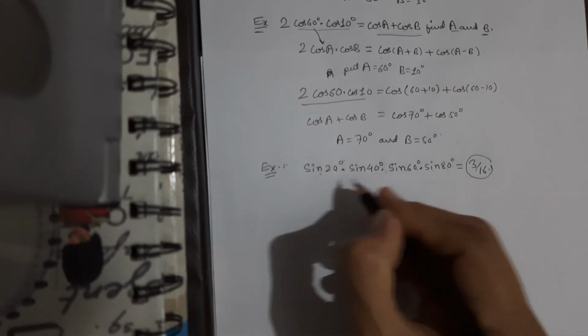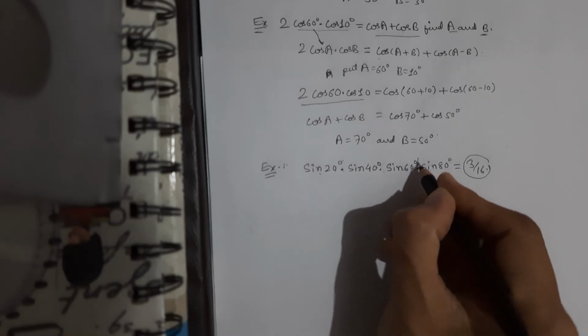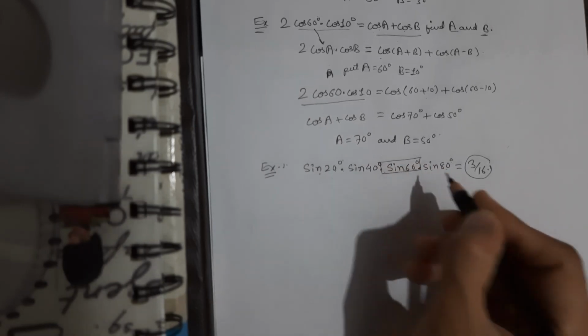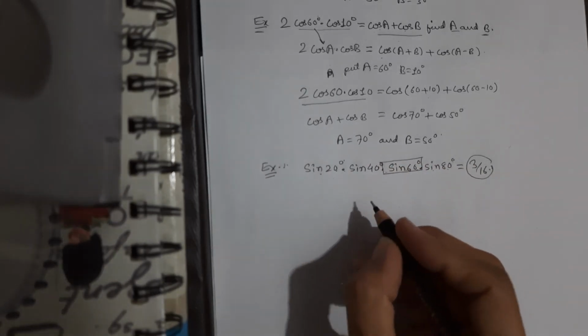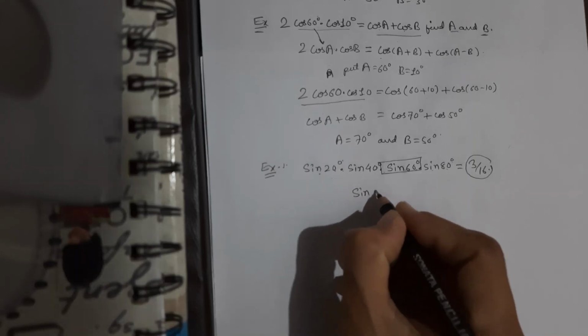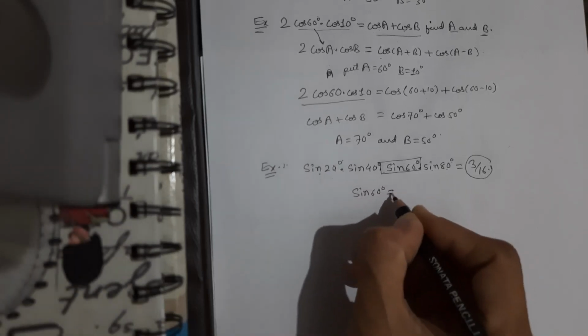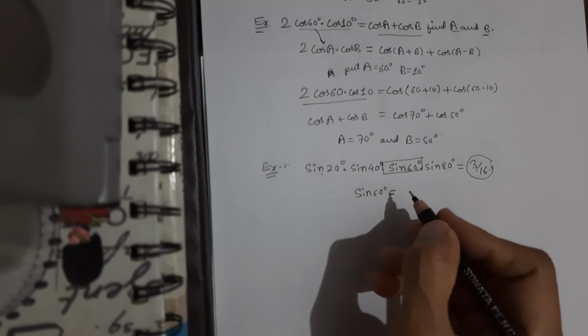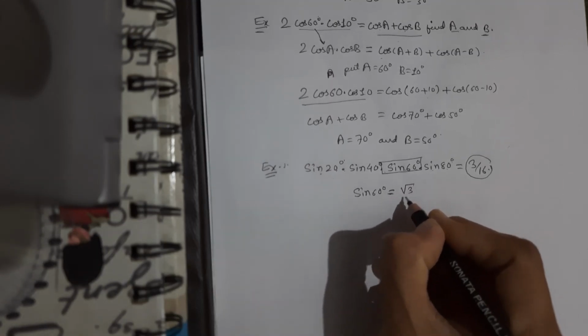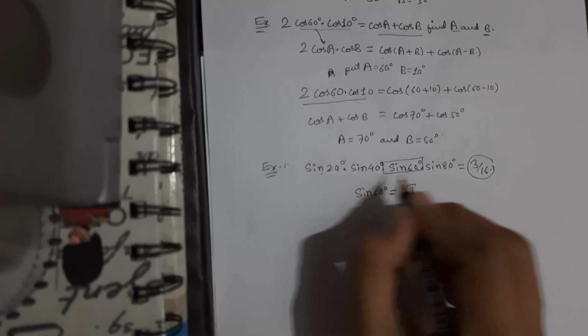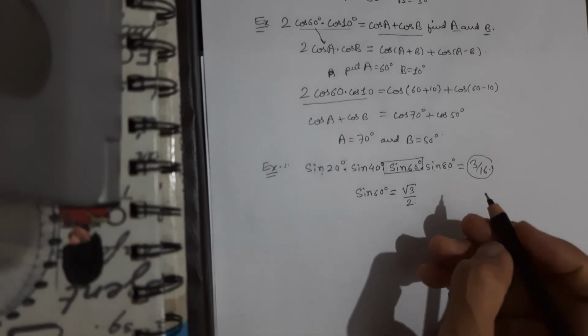In this, my known value is sine 60, which I know from the table that I learned before. What is the value of sine 60? From the table, it is root 3 by 2. So I'll substitute this value here.